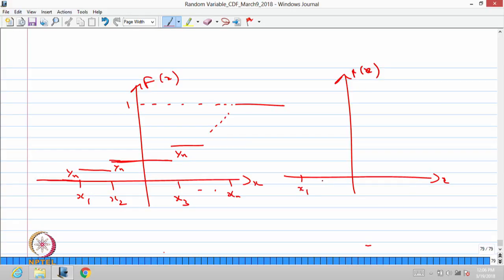So, if you draw the probability mass function at those n points, the heights are going to be 1 by n, the same heights.